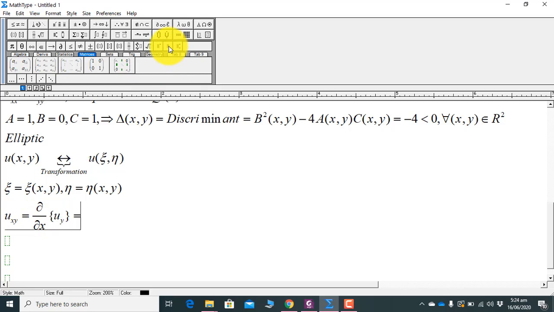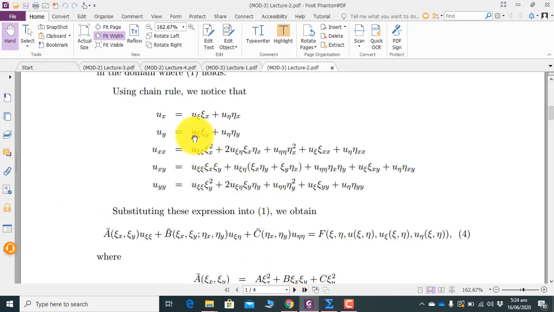And now what is uy? You know by the chain rule that uy is this quantity: u_xi xi_y plus u_eta eta_y.